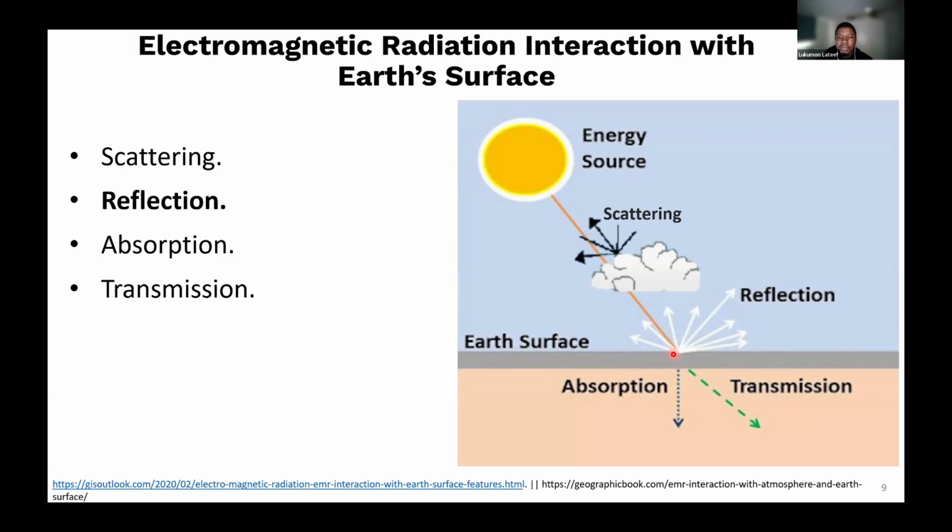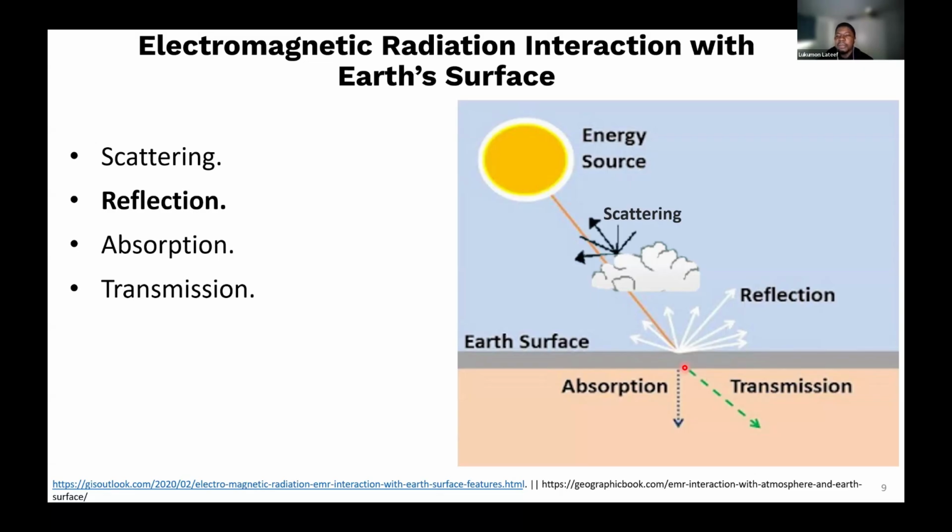The first one is the feature can absorb all the radiation, just like it inhales all the radiation. The second thing that can happen is the radiation can go further. For example, if you have a very tiny feature, like a very tiny leaf, the radiation can penetrate through the leaf and also go further to hit another feature on the Earth surface.